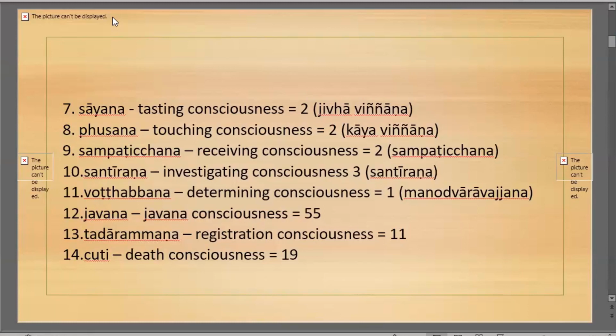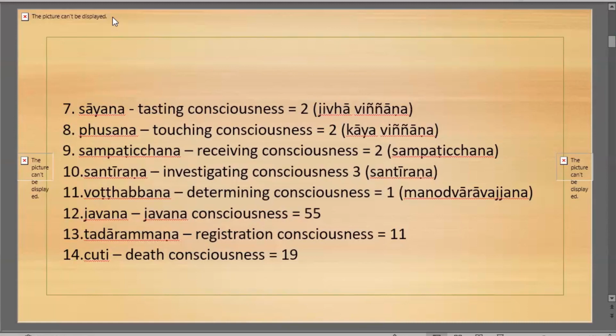How many chittas for the investigating function? There are 3 Santirana chittas, 2 Upekkha and 1 Somanassa. Then the determining function is done only by Manodvara Vajjana Chitta.